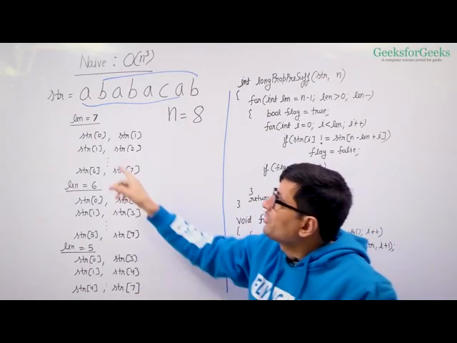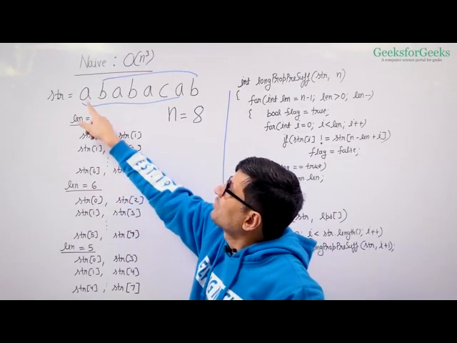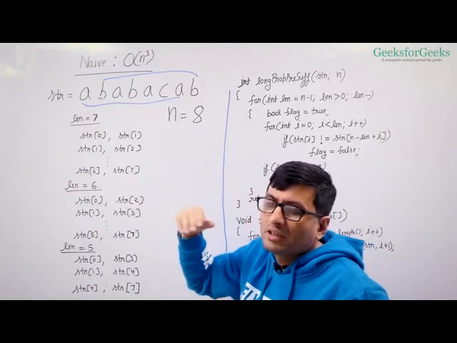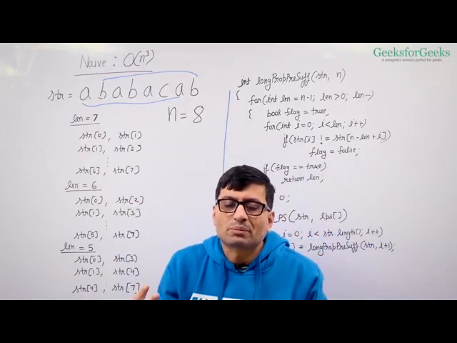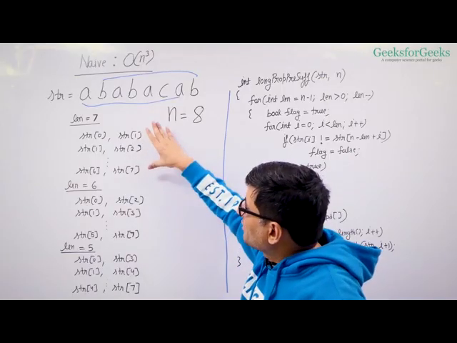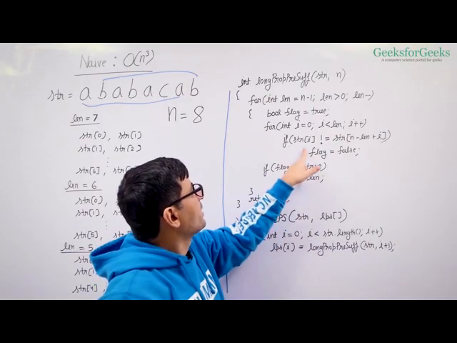So what you need to do is compare str[0] with str[1], str[1] with str[2], and so on, right? That's what you need to compare to check if this longest proper prefix is also a suffix or not. For adjusting these indexes, we have written this logic. We compare str[i].